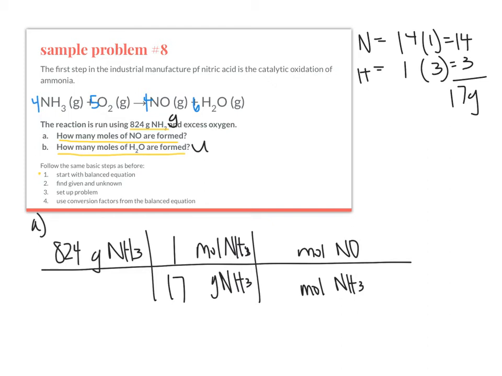And then using our balanced equation, 4 moles of NH3 equal 4 moles of NO. Okay? And then let's make sure everything cancels. Grams of ammonia, moles of ammonia, and we get moles of NO, which is what we were looking for.